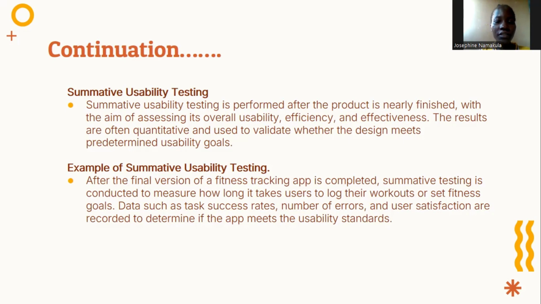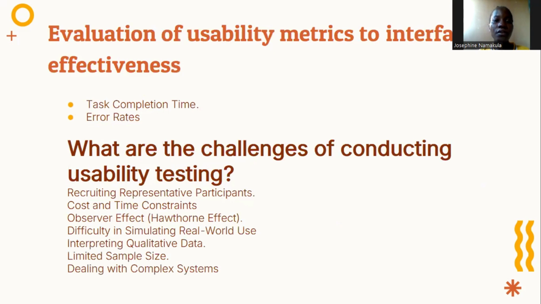An example: after the final version of a fitness tracking app is completed, summative testing is conducted to measure how long it takes users to log their workout or set fitness goals. Data such as task success rates, number of errors, and user satisfaction are recorded to determine if the app meets the usability standards.